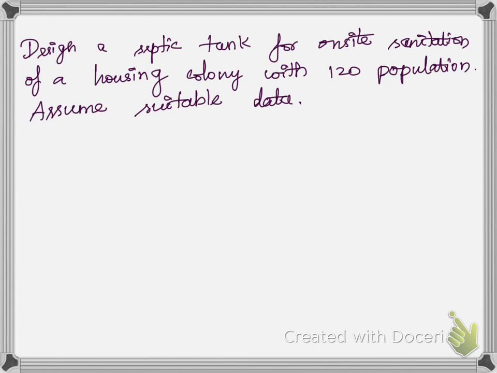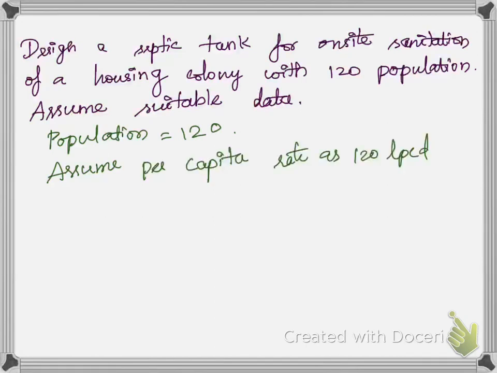Design a septic tank for on-site sanitation of a housing colony with 120 population. Assume suitable data. So this is the problem given to us. What is given? First, the population is given. Population is 120. Now we are going to assume our per capita rate.